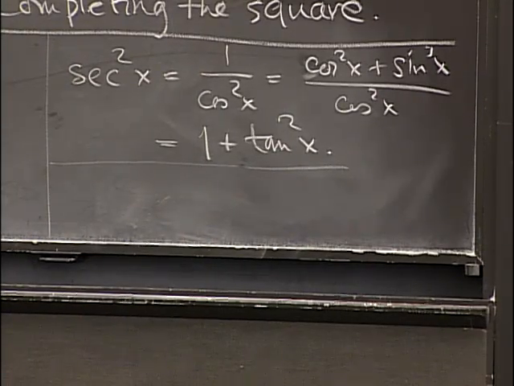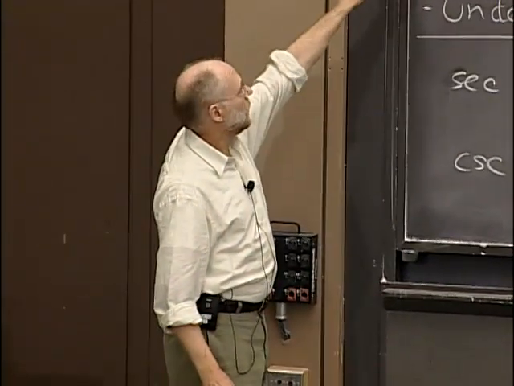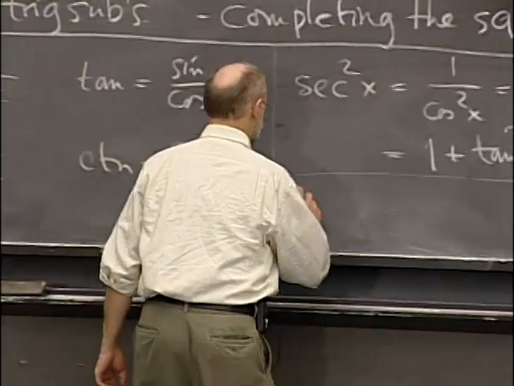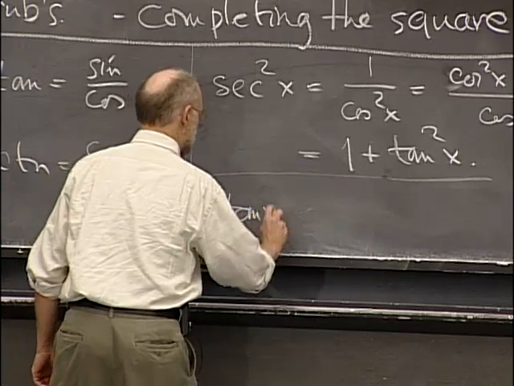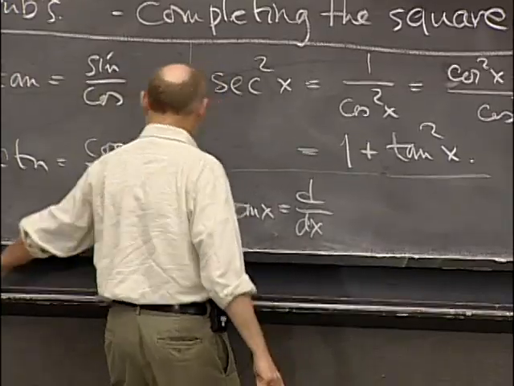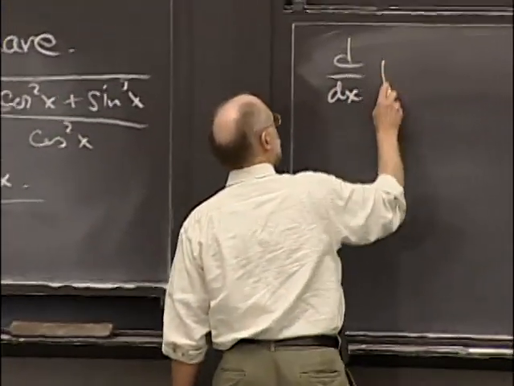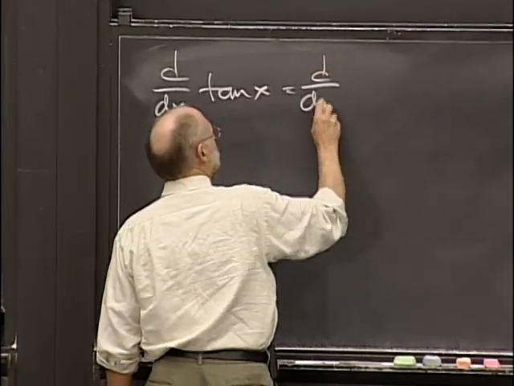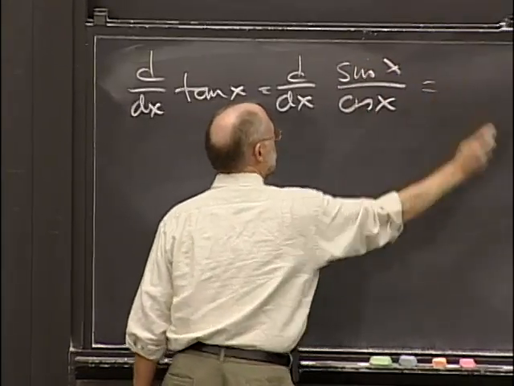That's the main trig identity that's going to be behind what I talk about today. That's the trigonometry identity part. How about this piece of calculus? Can we calculate the derivative of the tangent of x? Well, the tangent of x is sine x divided by cosine x.